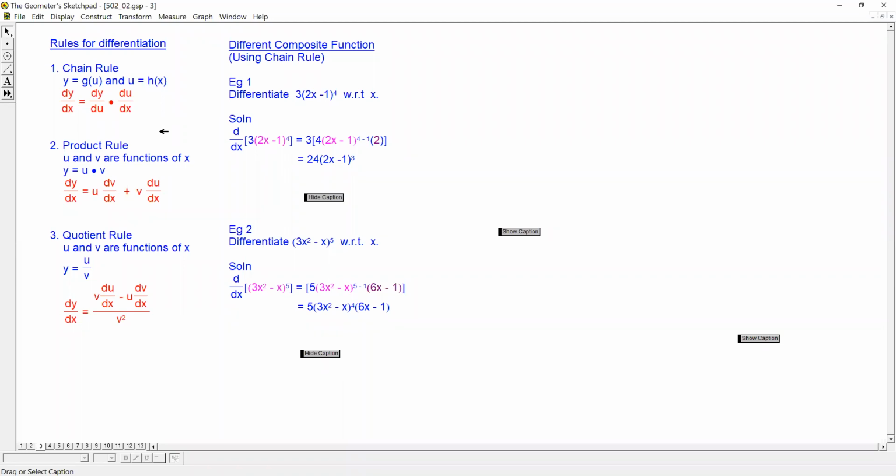A composite function, as you have learned in Form 2, is one function you substitute into another function. So this u is another function; x is one function and you substitute it into another function u. If you cannot imagine this formula, you can throw away this formula and listen to what I say.